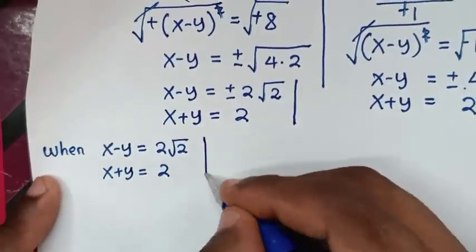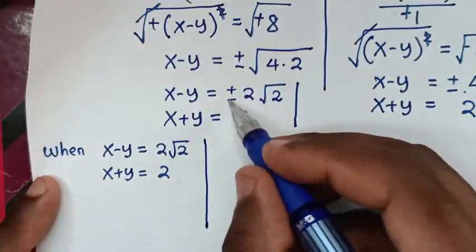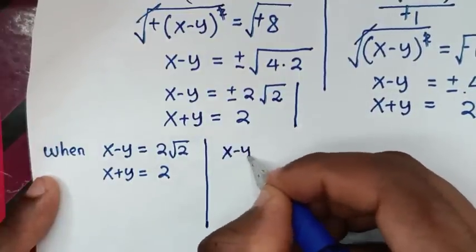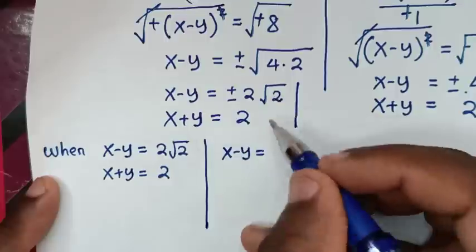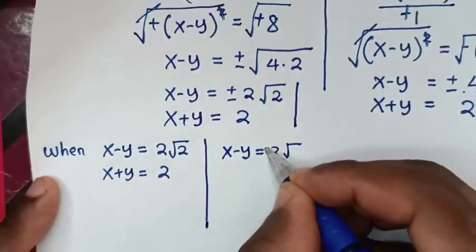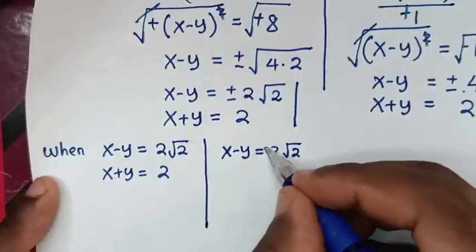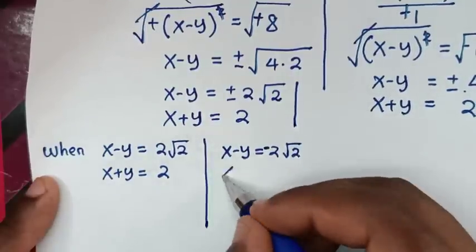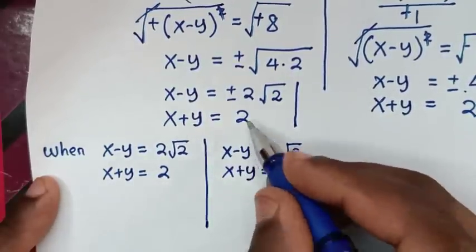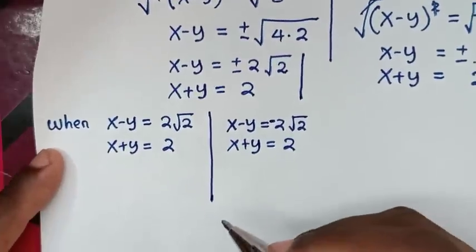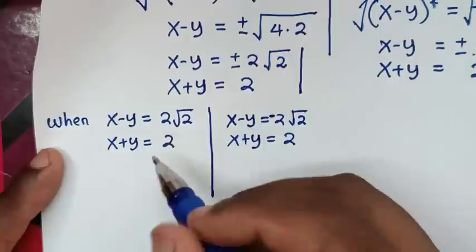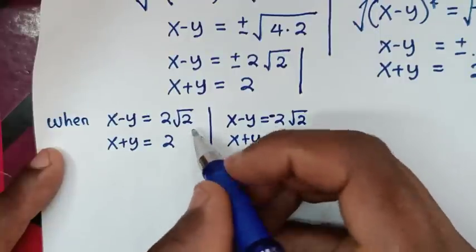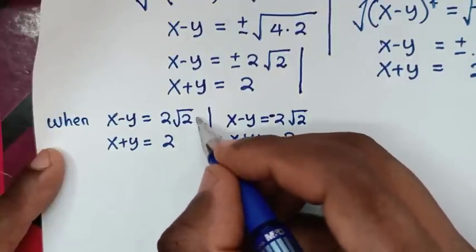And we have the other solution when here it is negative. So it will be x minus y is equal to negative 2 square root of 2. Then we compare with x plus y is equal to 2. Then from here we'll solve these simultaneous equations by the elimination method.